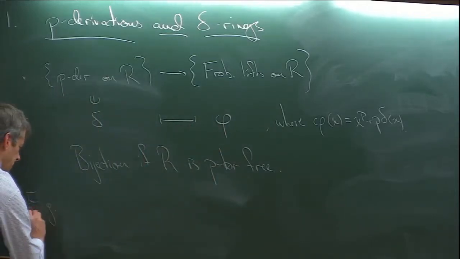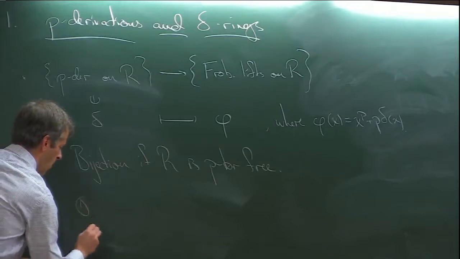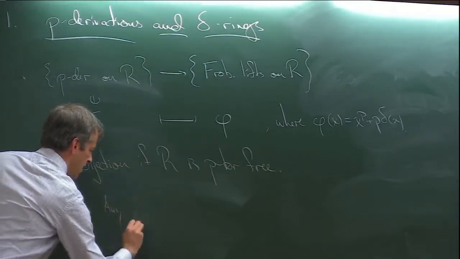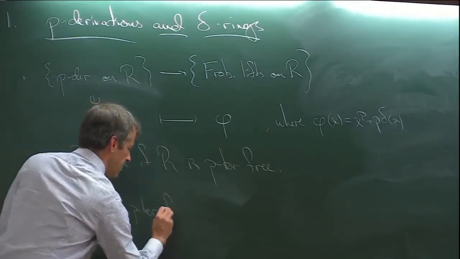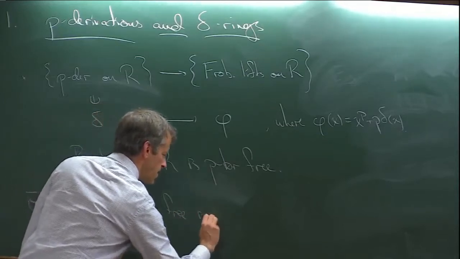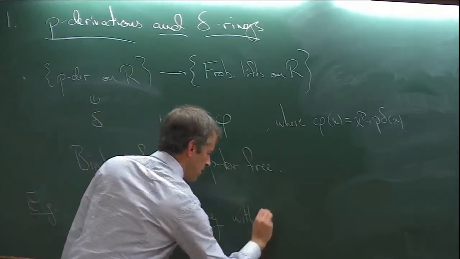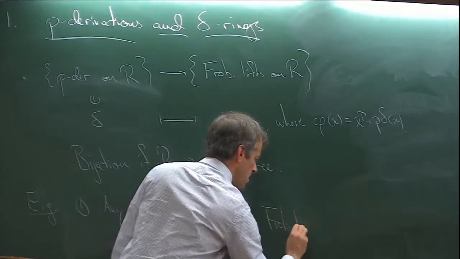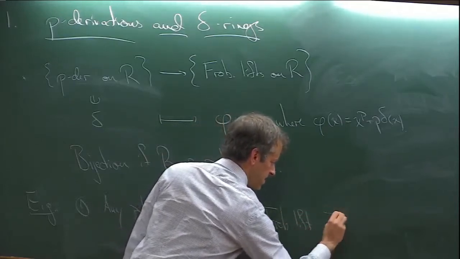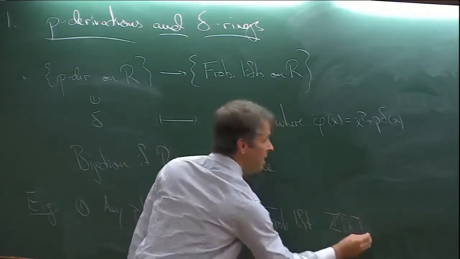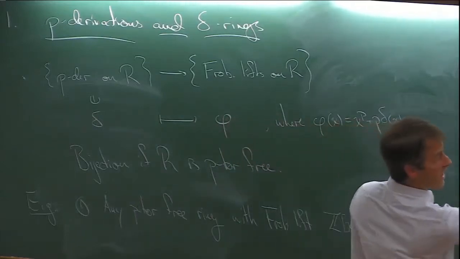Examples of delta rings: one, any p-torsion free ring with Frobenius lift. So for instance, we could do the ring Z[x], which I had written right here.